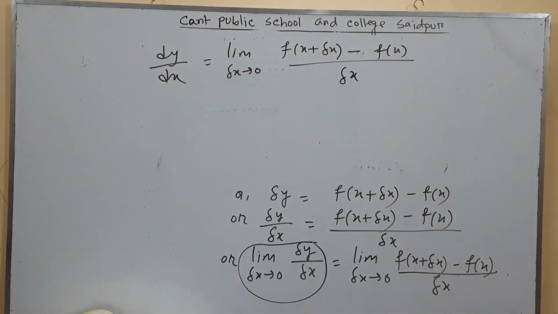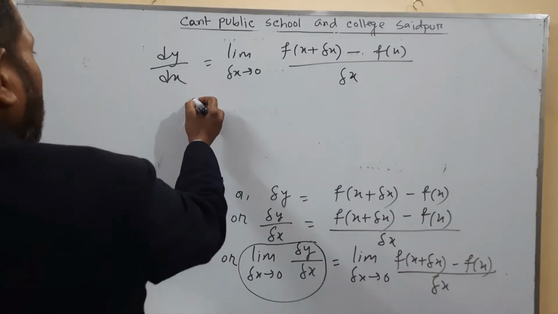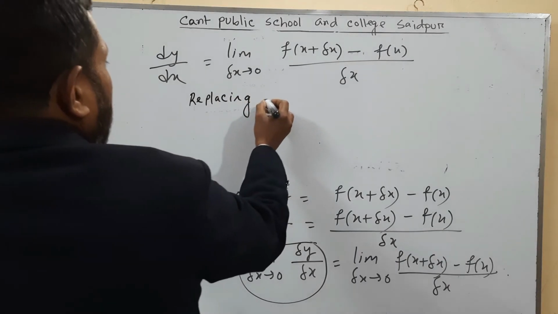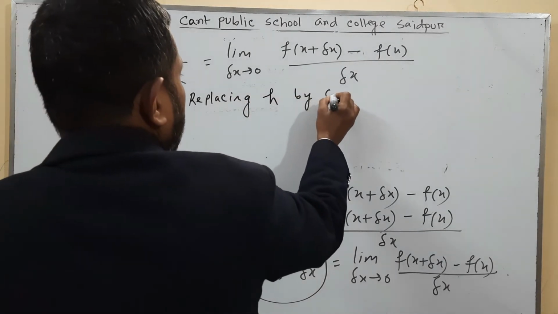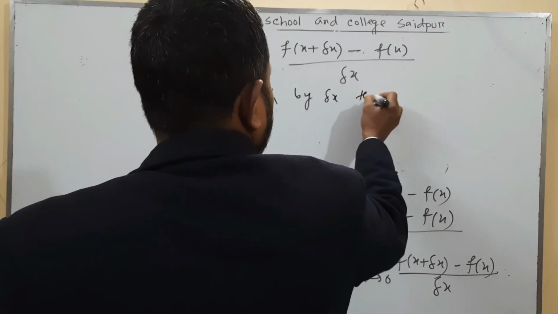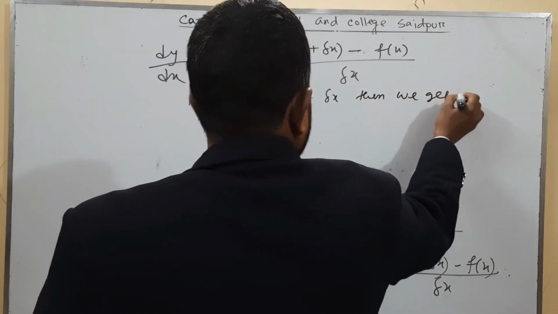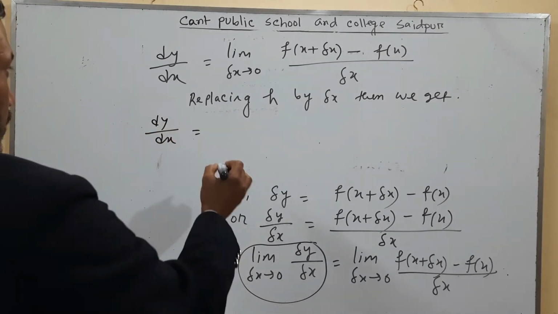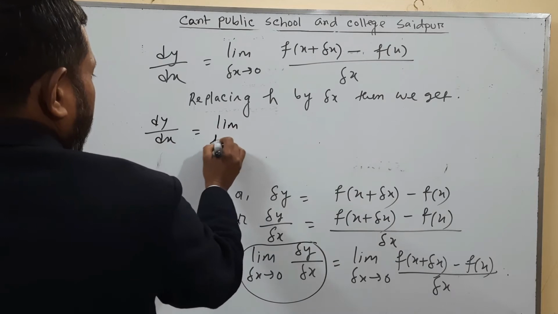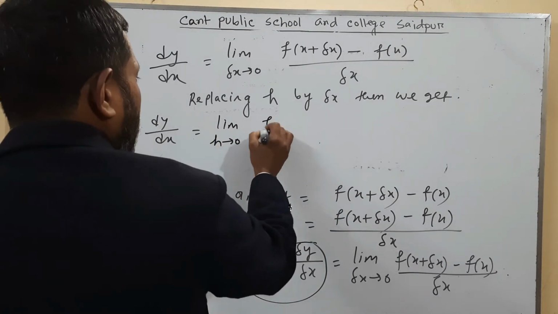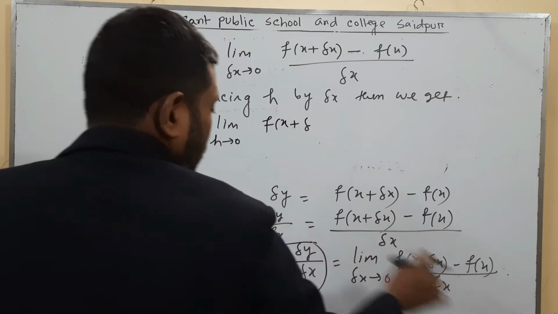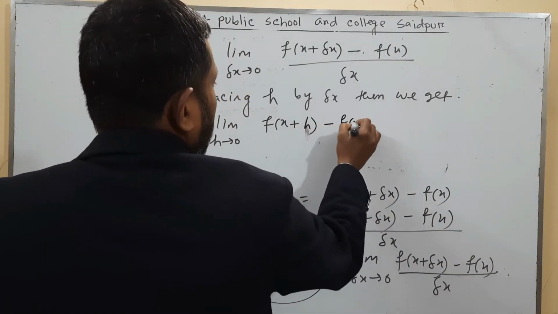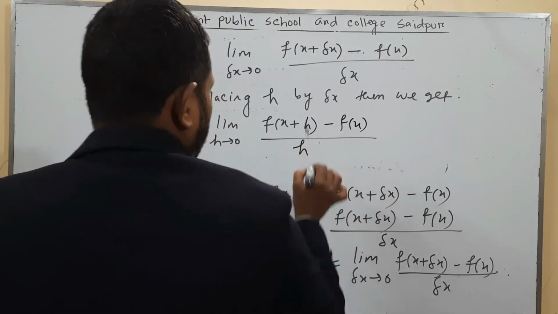Replacing del x by h, then we get here dy by dx is equal to limit h tends to 0, f of x plus h minus f of x divided by h.